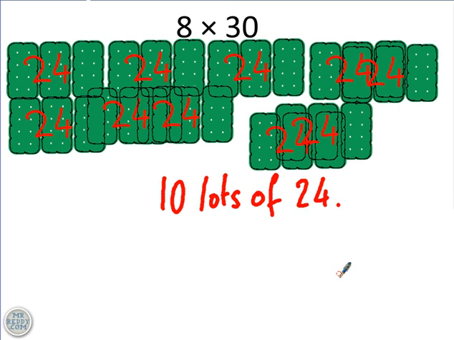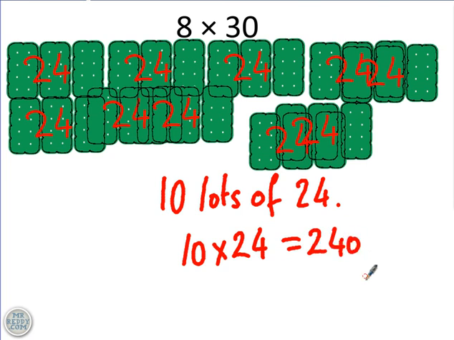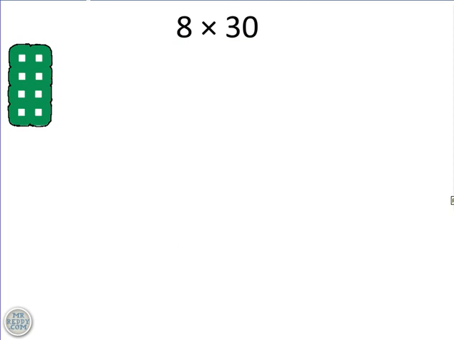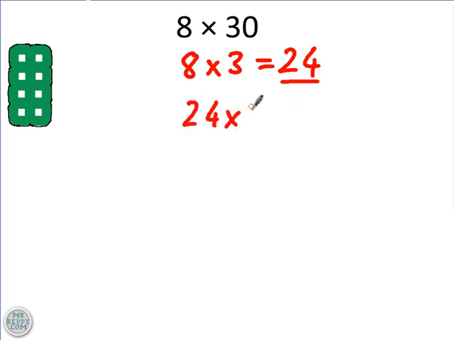And 10 lots of 24 can be written as a multiplication, which is 10 times 24, which is 240. So to recap what we just did, we did 8 times 3, which is 24, and then took 24 and timesed it by 10, multiplied it by 10, which gives us 240.